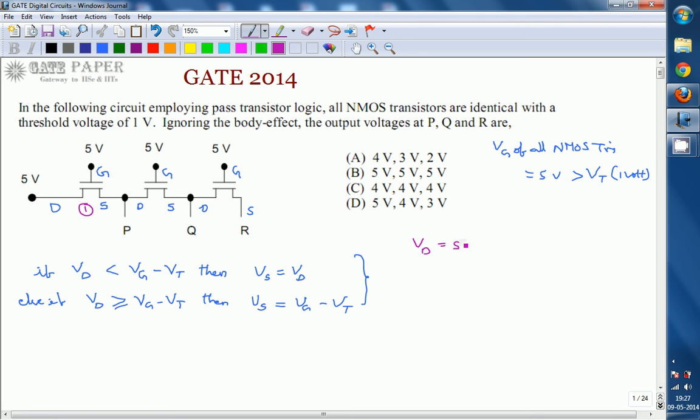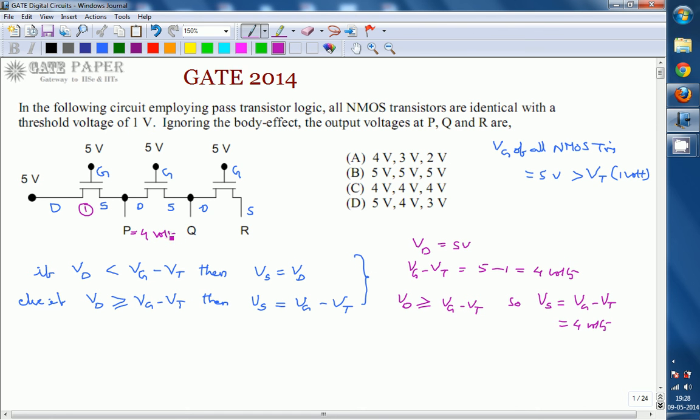Vd is 5 volts, and Vg minus Vt is 5 minus 1, which is 4 volts. This is the case of Vd greater than or equal to Vg minus Vt, so Vs will be stuck at Vg minus Vt, which is 4 volts. Even though you apply a drain voltage of 5 volts, it will be stuck at 4 volts. So Vp is 4 volts.